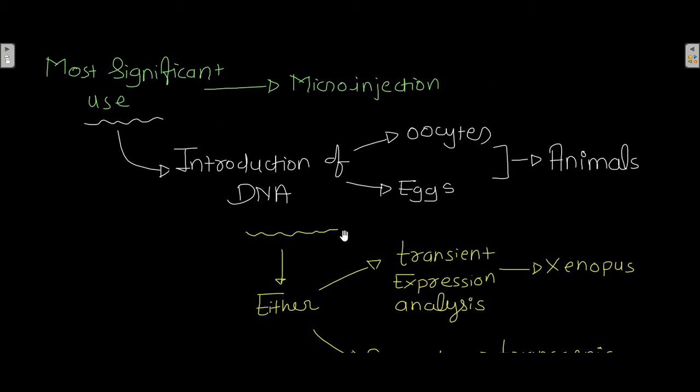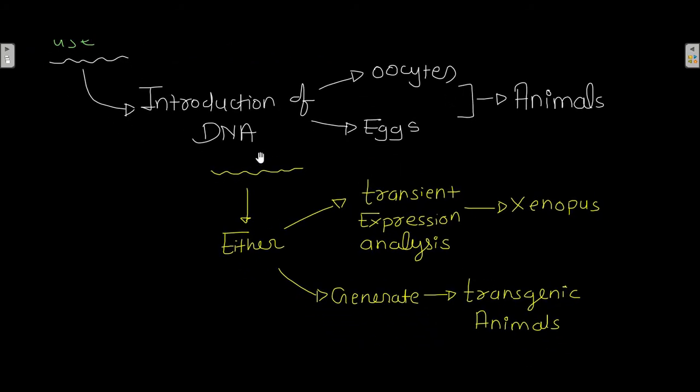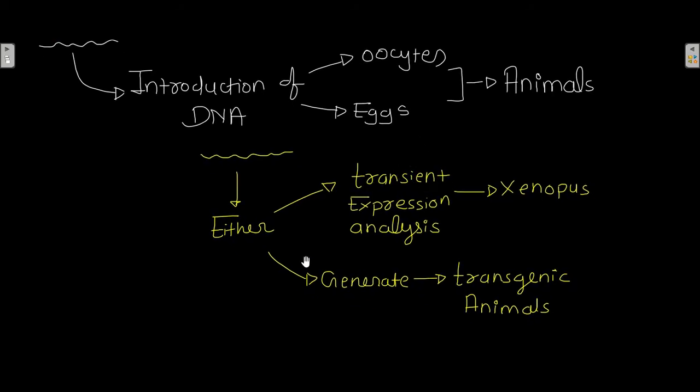So when you introduce DNA into oocytes or eggs of animals, you are doing it for transient expression analysis or to generate transgenic animals.